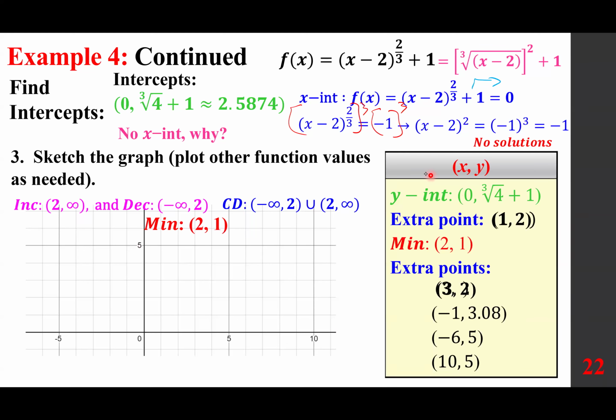So we're going to start with this one, and I'm going to go with 2.6. So this is 1, 2, 3. So somewhere in between, and that's 0, 2.6. Then 1, 2 and 3, 2. Now that happened to be a minimum. We write 2, 1 is the minimum.